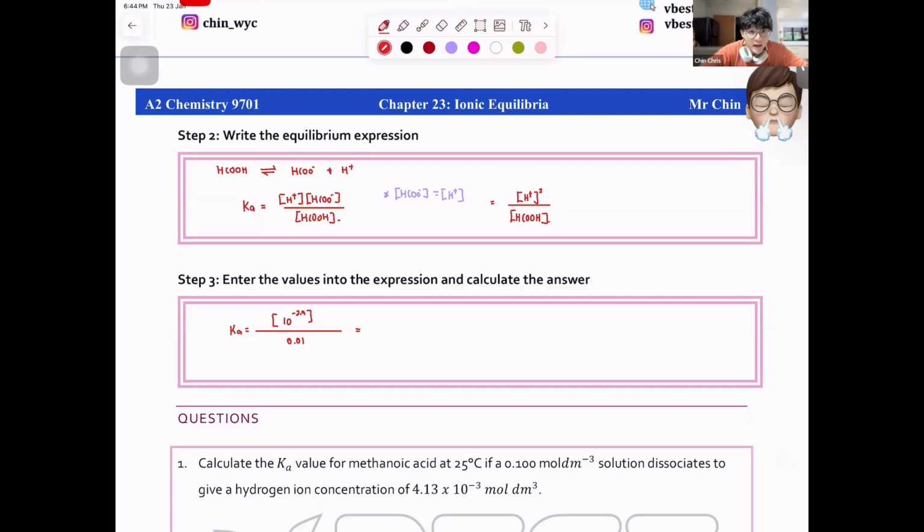Wait, let me record. Let me check the attendance, see who skipped my class. Kai Hao skipped my class again. Yun is here. Chloe is not here. Ethan is here. Jonas and Ding Xiang are not here.